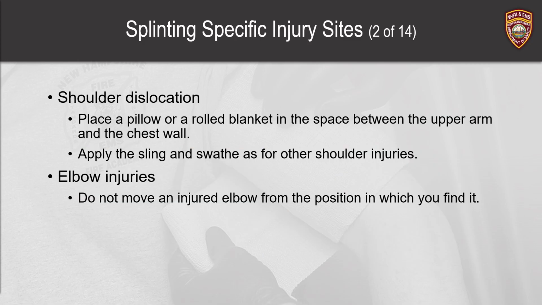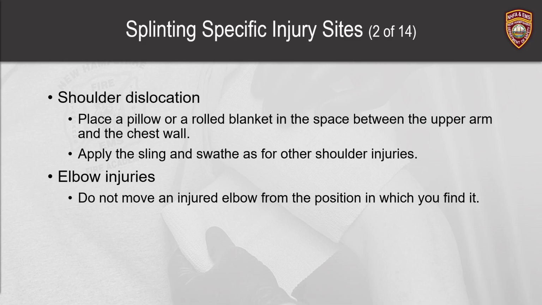So for shoulder dislocation, one of the things we can do in addition to a sling and swath to make the patient more comfortable is placing a pillow or a rolled up blanket in the space between the upper arm and the chest wall, sort of up in the armpit area. And then we'll apply the sling and swath as we will practice on Saturday.